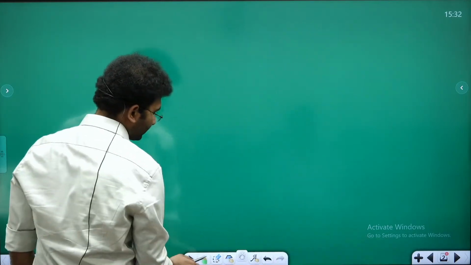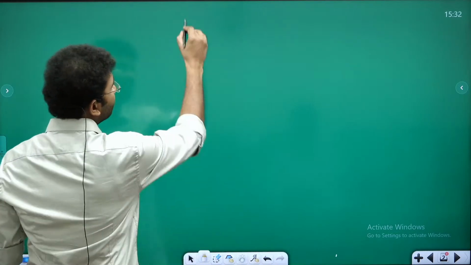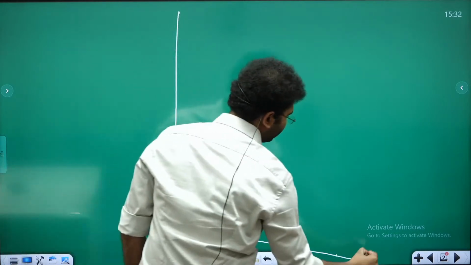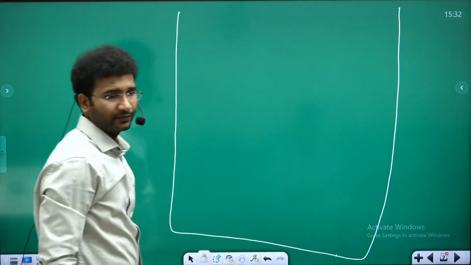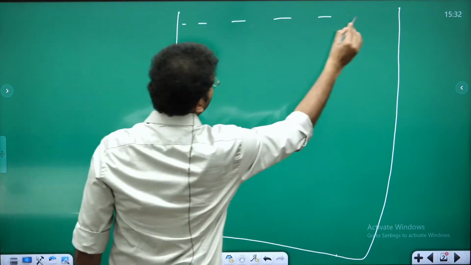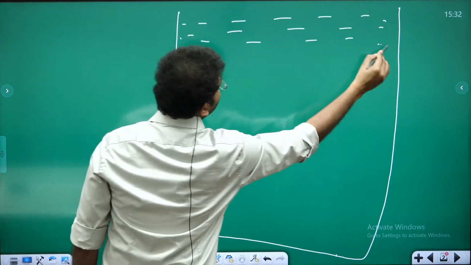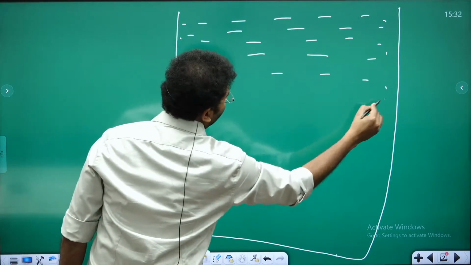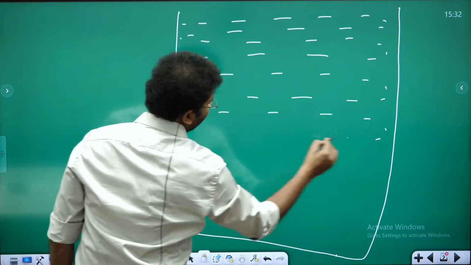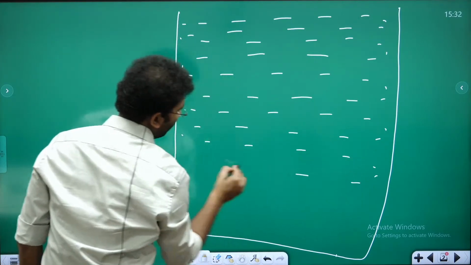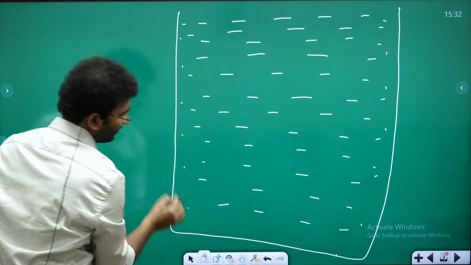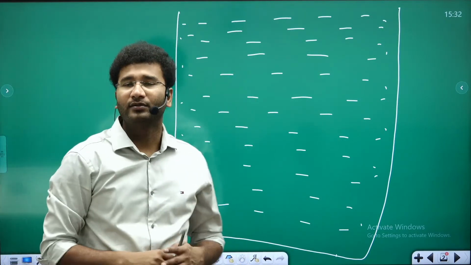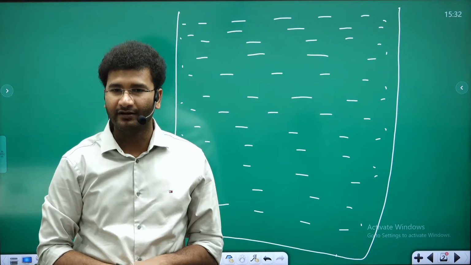Vertical profile of the ocean means, imagine that this is the ocean, right? In the ocean, let's study this temperature, how and what kind of temperatures you will find in the oceans when you go into the depth, right?